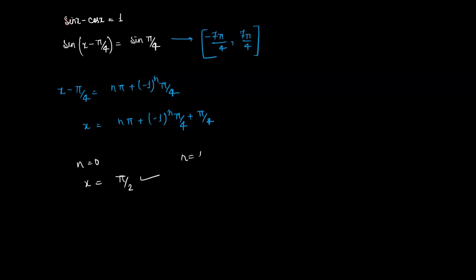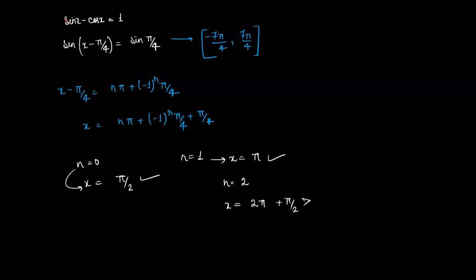For n is equal to 1, we will have x is equal to pi. This will also come into the interval. For n is equal to 2, the value of x will be 2 pi plus pi by 2.